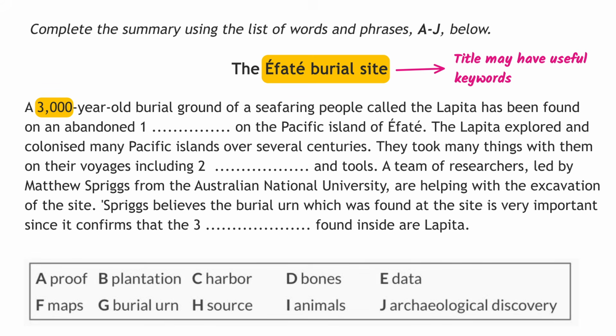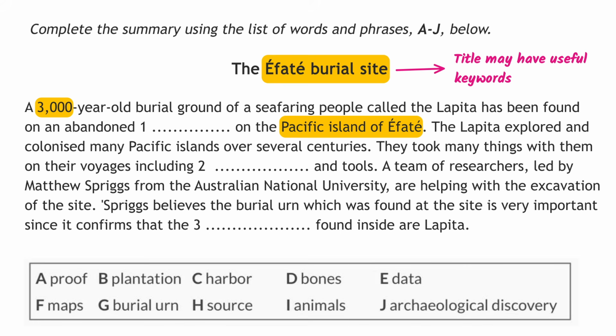A 3,000-year-old burial ground of a seafaring people called the Lapita has been found on the Pacific island of Ifat. All right, so it is the name of a place, an abandoned what, which is on the Pacific island of Ifat. Also, this is the easiest keyword here, right? So we scan for 3,000-year-old and Pacific island of Ifat.